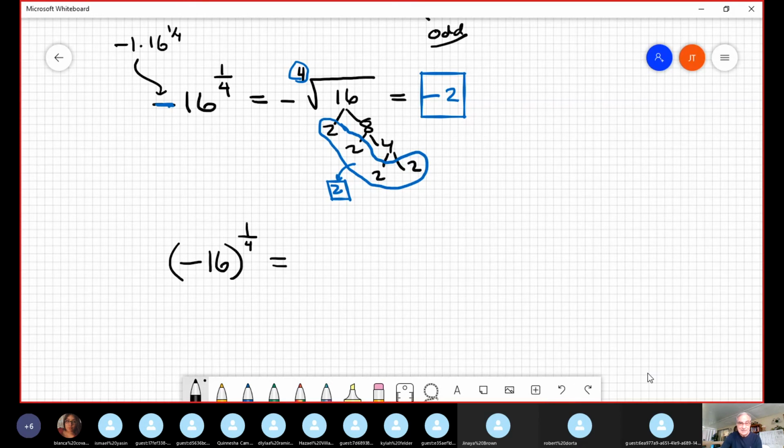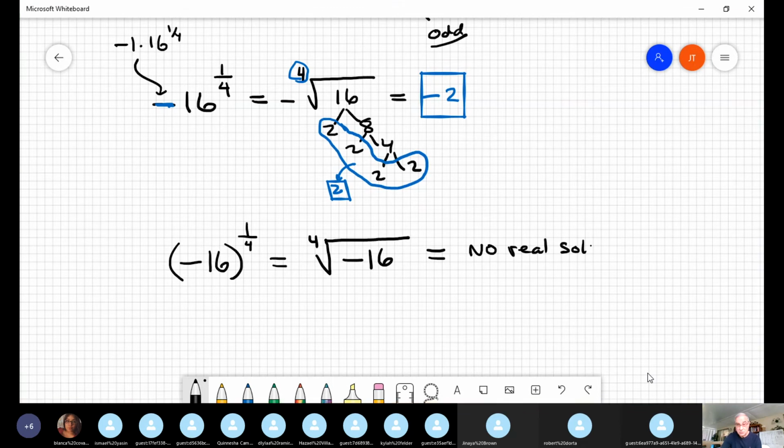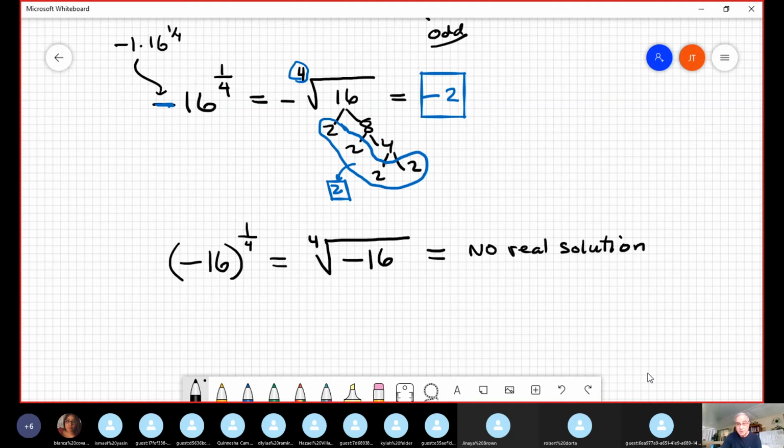This is the 4th root, because of the 4 here, of minus 16. When you have a radical with an even index and a negative number inside, it's not a real solution. Leave it like that: not a real solution, impossible to find.